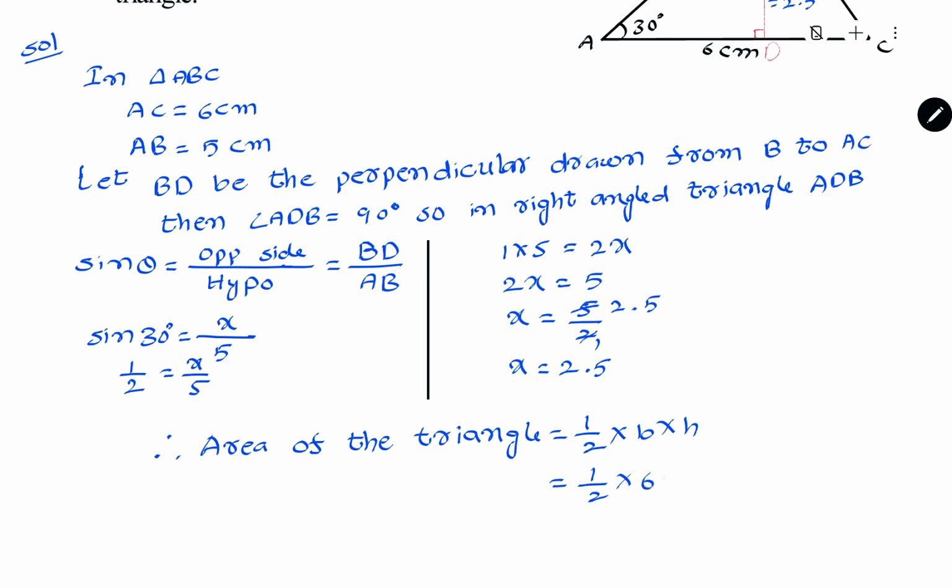Here base 6 centimeters. Base means AC. Height, we got height 2.5. Now cancel 2 1 ja 2 3 ja. So 3 into 2.5 is 7.5 centimeters. Area of the triangle is 7.5 centimeters square.